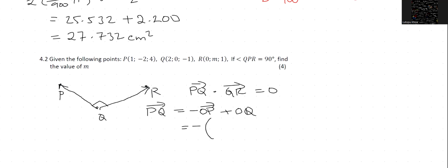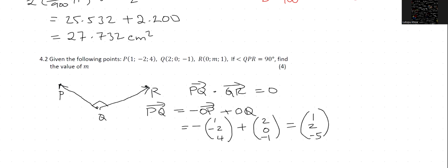So minus OP is 1, minus 2, 4, and OQ is 2, 0, minus 1. So we have minus 1 plus 2, that's 1, 2 plus 0, and then minus 4 minus 1, which is minus 5.